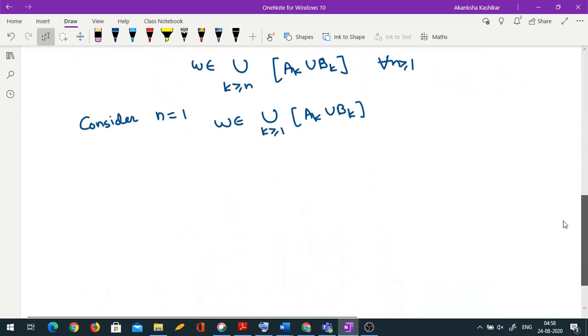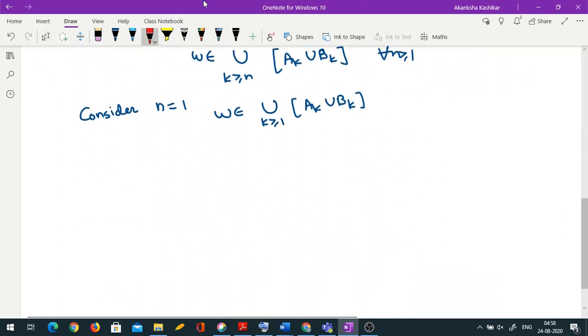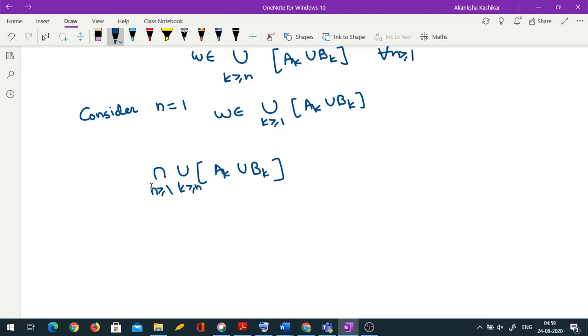So what would it mean? Let me rewrite my LHS. My LHS is intersection union Ak union Bk, n greater than or equal to 1, k greater than or equal to n.